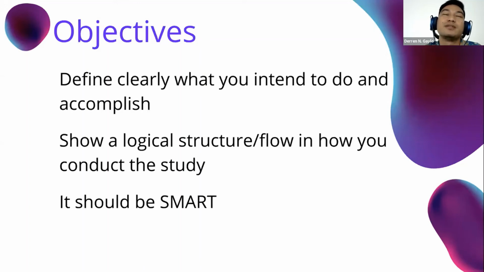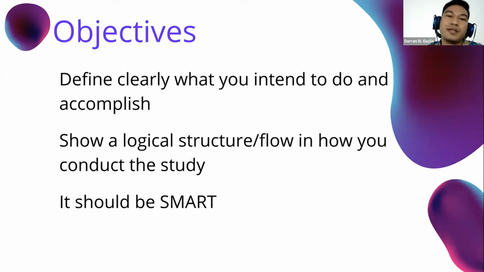So we need to know if our methodology is fitted for the objectives or not, or if our rationale is really captured by our objectives. Maybe we have a very good title, but the title is not captured by the objectives that we set. It is not answered by it. So I think there should be an alignment of our title, our rationale, our objectives, and the rest of the parts. That's the thing that we need to look into.